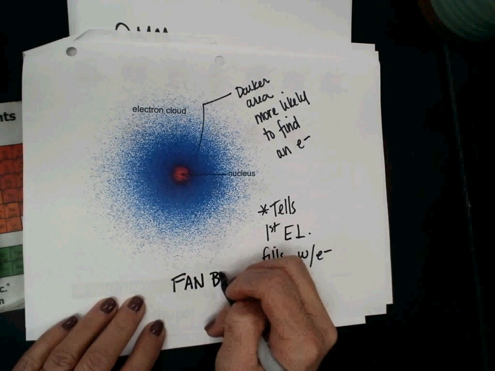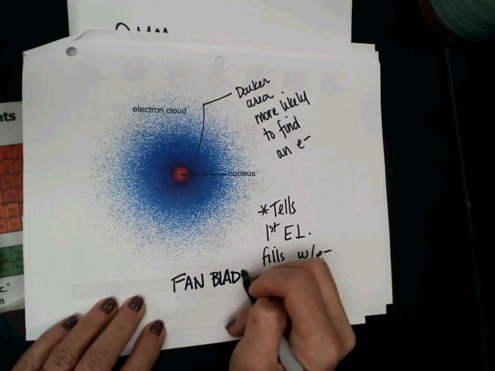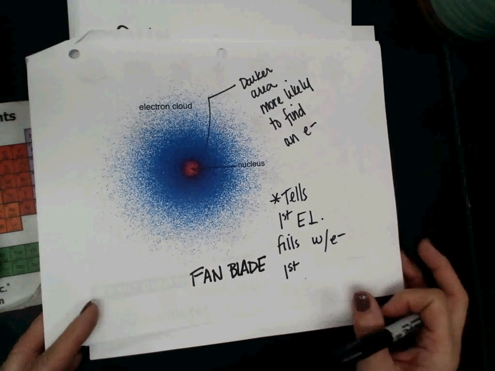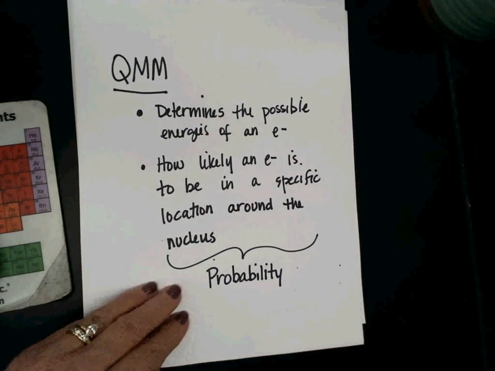And maybe, I don't know, just so you'll remember it, let's write fan blade on there. That'll help you remember what I showed you. All right, just a little bit more.